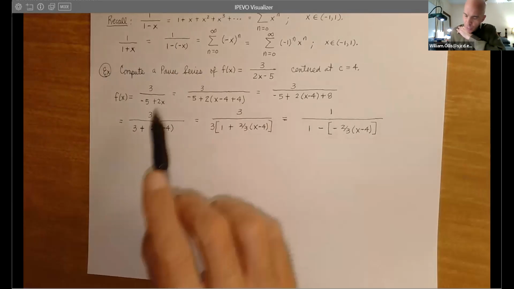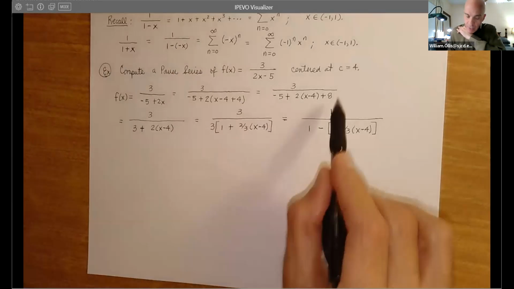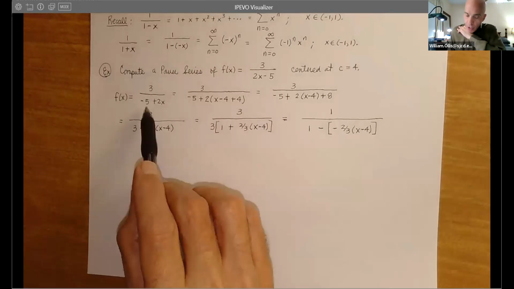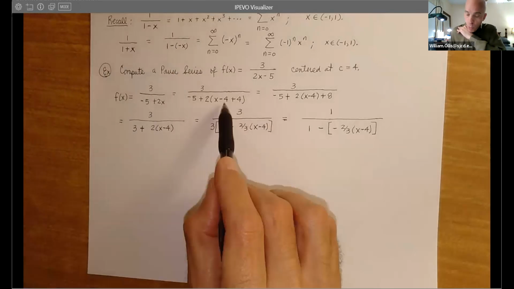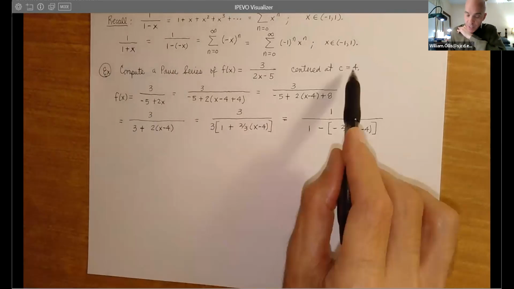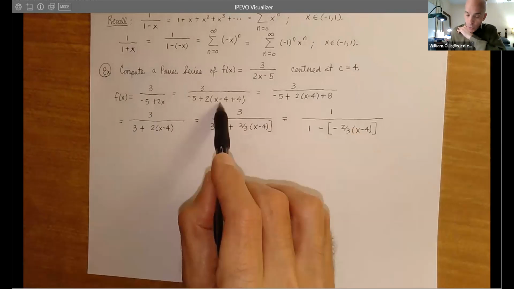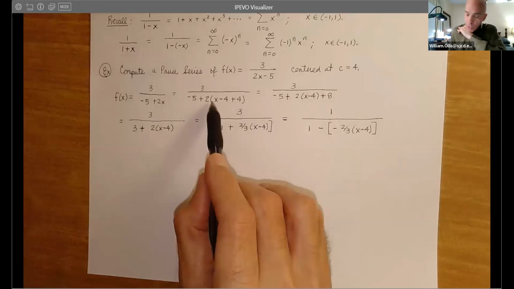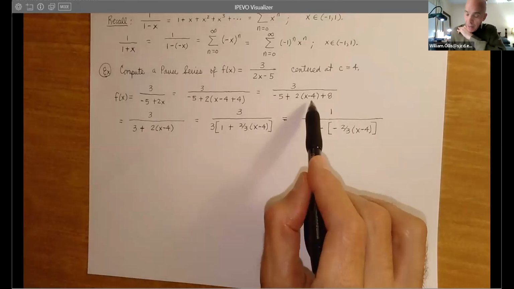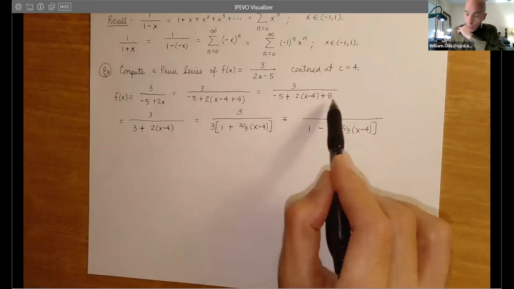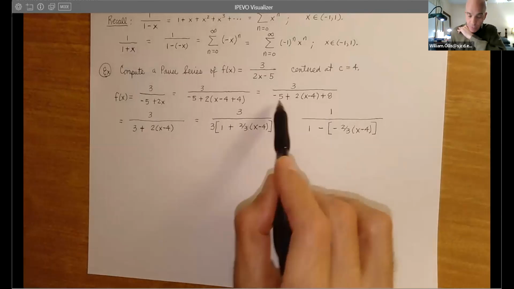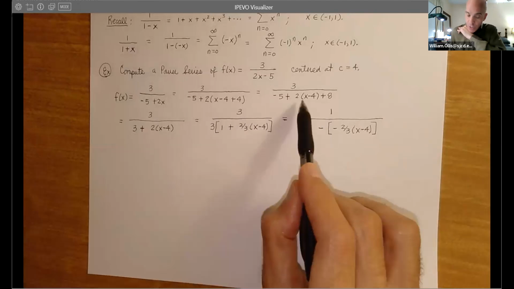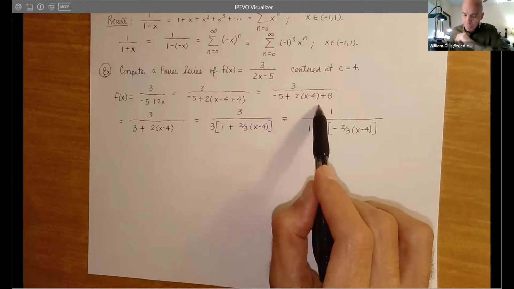Just look back through here and look at what we've done. When we start here and we introduce the -4 that we're going to need for the center, we subtract 4 and add 4 to get this. And then we clean it up. So we have 2 times x minus 4. And then we have the 2 times the 4, which is an 8. And so we have the 8 plus the -5, which is the 3. And we're left with 2 times x minus 4.